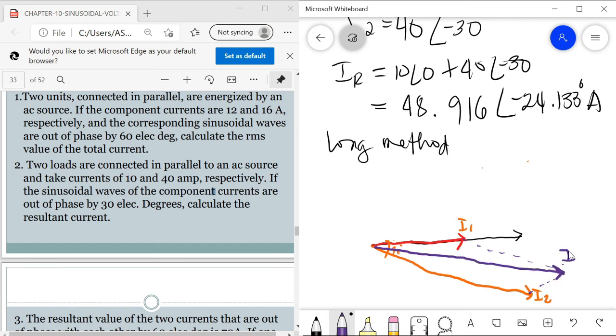So what is the value of your IR and the angle beta?